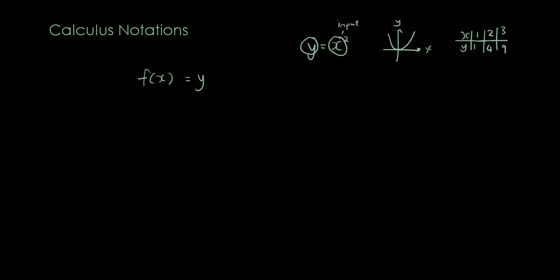So you can think of y as a function of x is equal to x squared, where in a function of x, the x is the input, and basically y is equal to a function of x. So if you have been doing all of our Maths B lessons, this should make sense to you. So basically f of x is equal to y.